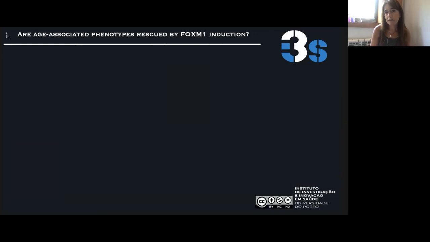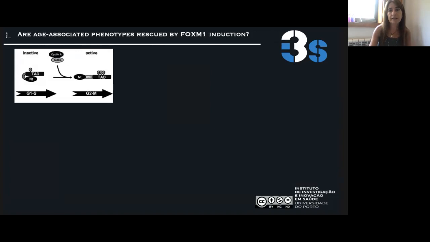As FOXM1 depletion reduces mitotic fidelity, we hypothesized that FOXM1 overexpression in the early cells should counteract the aging-associated mitotic decline. So we expressed a constitutively active truncated form of FOXM1. It is a truncated form because we need to remove the N-terminal domain, which forms an auto-inhibitory loop on the transactivation domain.